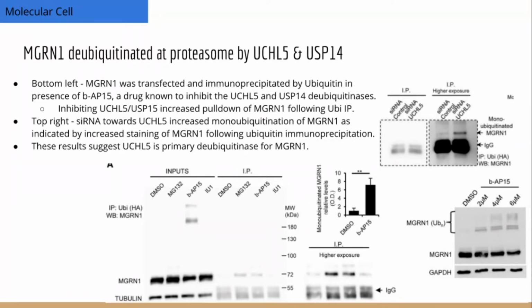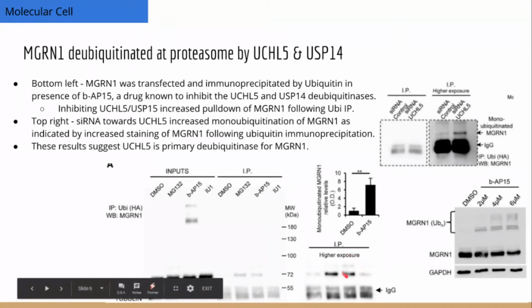So inhibiting the deubiquitinases yielded a significantly increased amount of MGRN1 ubiquitination, and presumably this would be accompanied by increased translocation into the nucleus.